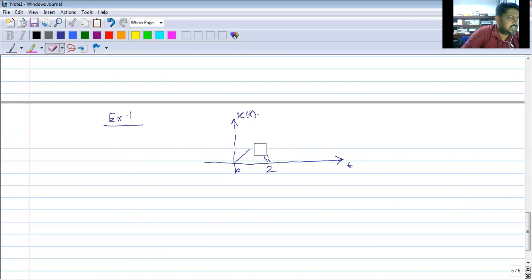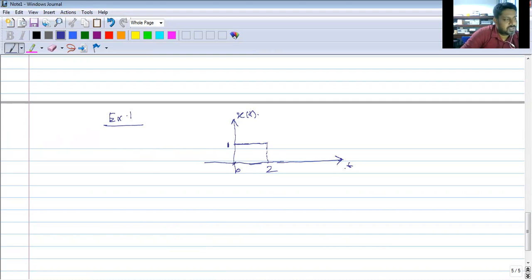Now we will take a square pulse, which is more convenient for us. The pulse is from 0 to 2 seconds, and let's say the amplitude is 1, 2, or 3, any value. Let's say it is 1 volt.